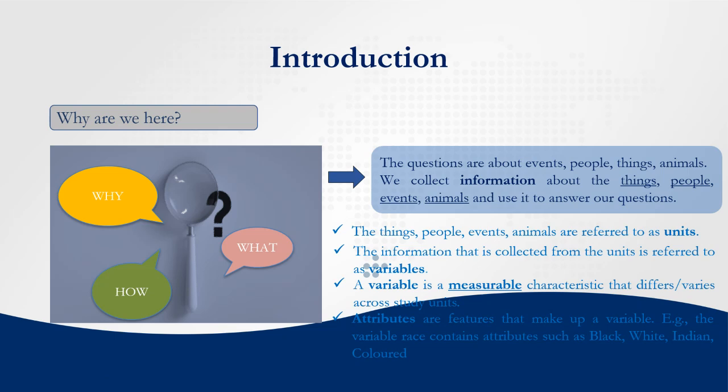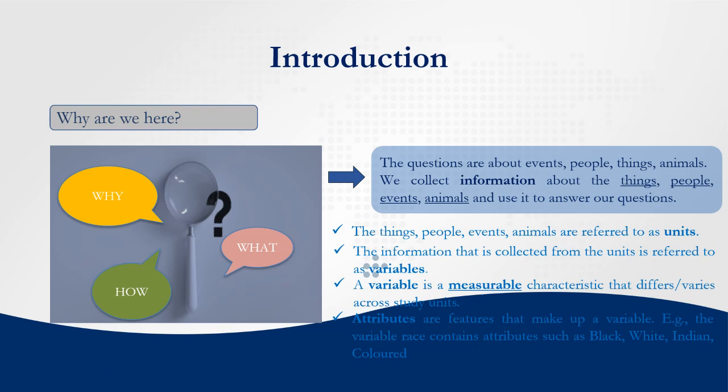about those things. The questions that you have can be answered by you collecting data from the things or people or animals, as I've said. And the people, the things, the animals, we refer to them as units.